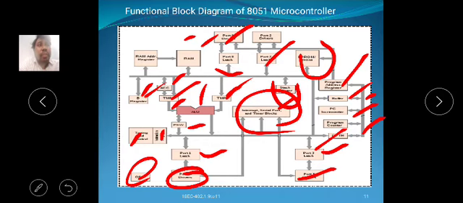The 4 ports, port 0 and port 2, here port 1 and port 3, and the program status word along with the arithmetic logic unit and temporary register 1, temporary register 2, and the accumulator, the B register, here the program address register, the buffer register, the program incrementer, the program counter, the DPTR, and interrupt, serial port and timer blocks, the stack pointer, the EEPROM or ROM, and RAM address register.